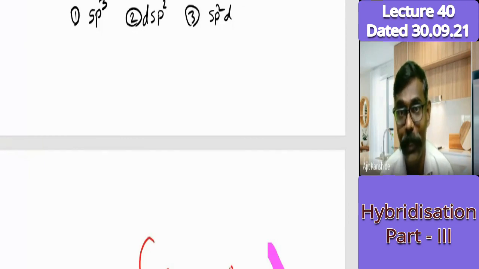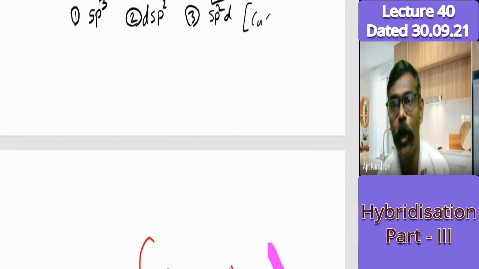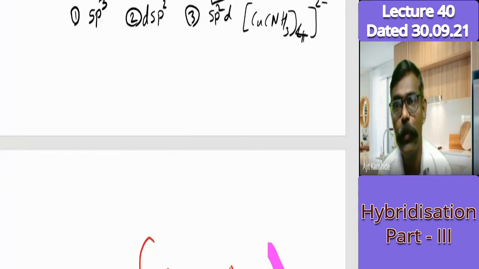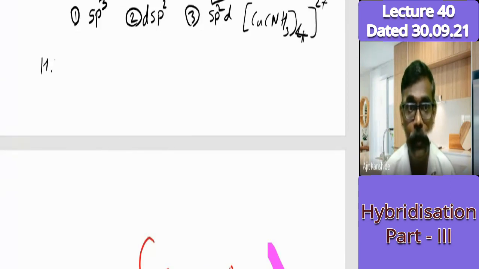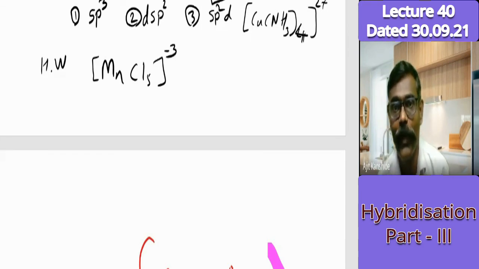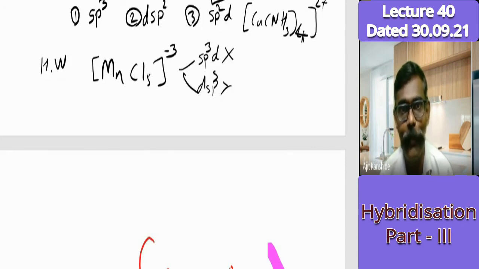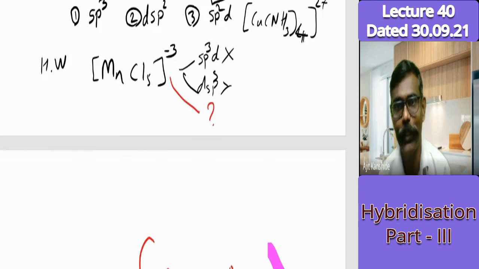Out of that, I discussed sp2d hybridization with the example of the copper ammonia complex, Cu(NH3)4 2+. As homework, I gave you one molecule, MnCl5 3-. You have to find the hybridization for that. I told you the hybridization there is not sp3d, not dsp3. Then what is the actual hybridization? That you have to find out and describe.